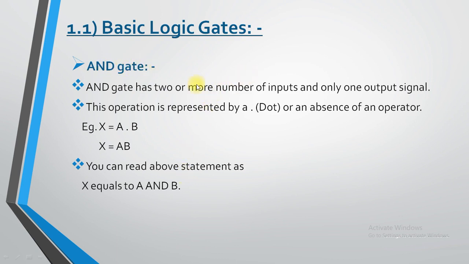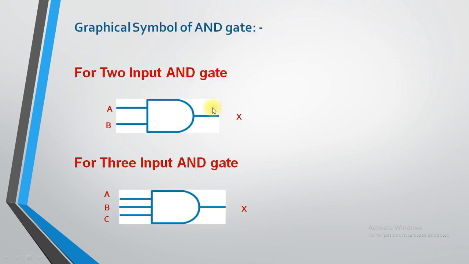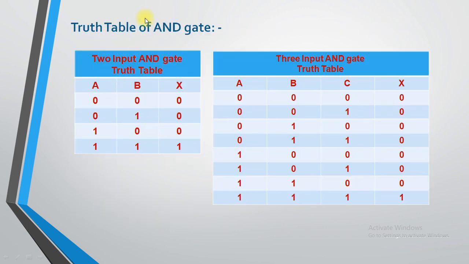I will explain these points, but before that I would like to share the truth table of the AND gate. Now see, the truth table can be written using a 2 input AND gate or a 3 input. For 2 inputs I have taken A and B, and for 3 inputs I have taken variables A, B and C. Now see, how can you write this combination?